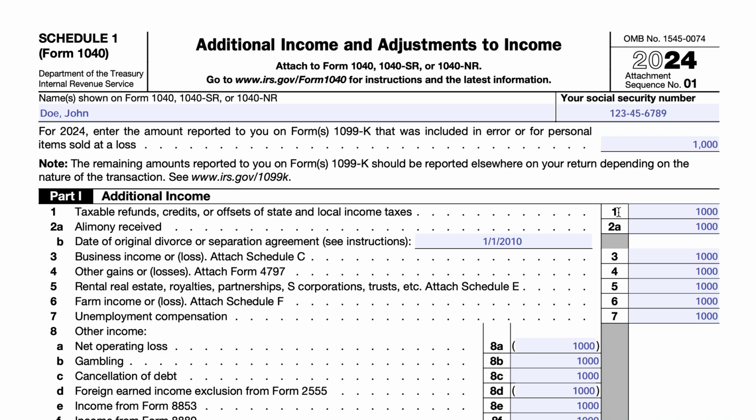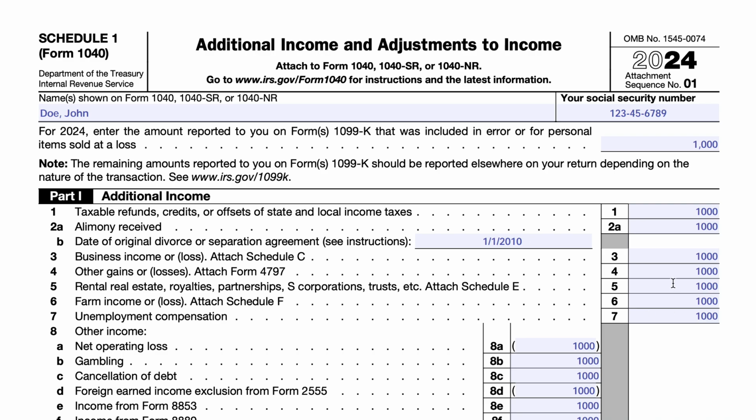So for anything 2019 and later, if a divorce was finalized after January 1st, 2019, then none of that is taxable income. It's not taxable income to the recipient, and it's not a tax write-off to the person that pays it. So in this case, January 1st, 2010, this is clearly in bounds in terms of the additional income aspect.